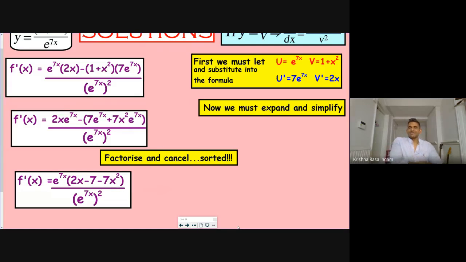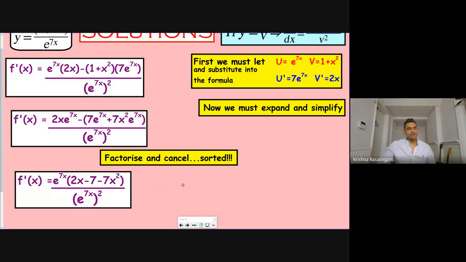So I've neatened it first before I factorised and cancelled. So I've got 2x e to the 7x minus 7e to 7x plus 7x squared e to 7x. So I've got like a quadratic with a common factor of e to the 7x. So I've taken the common factor of e to the 7x out. And I've been careful of the negative sign. So the negative sign will make everything in the brackets negative.